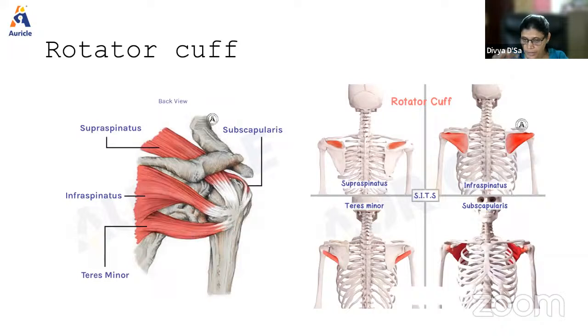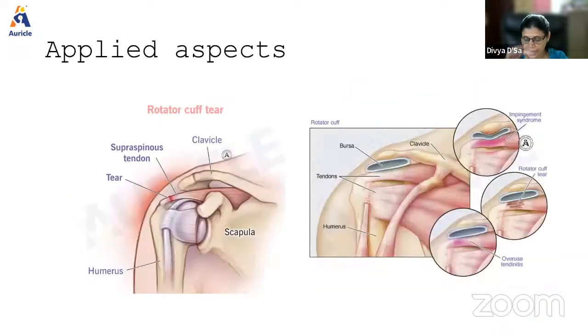Their primary function is to grasp and hold the large head of the humerus against the smaller, shallow glenoid, because the glenoid cavity is small.